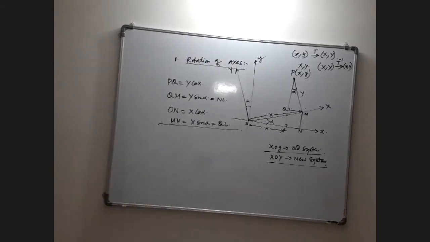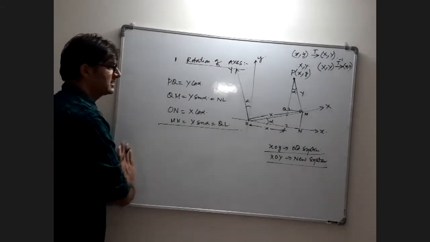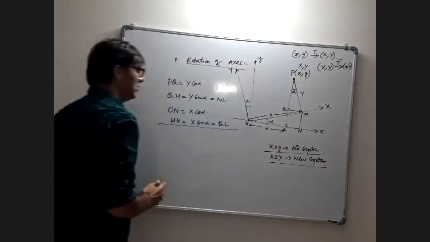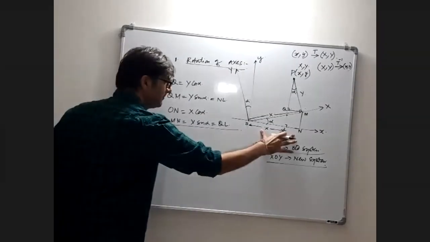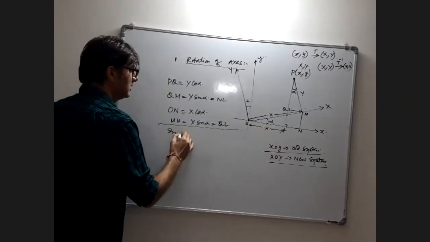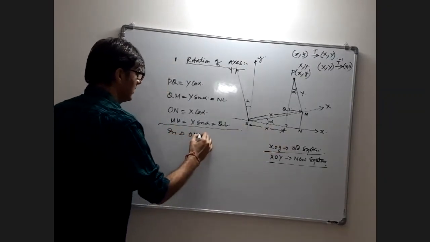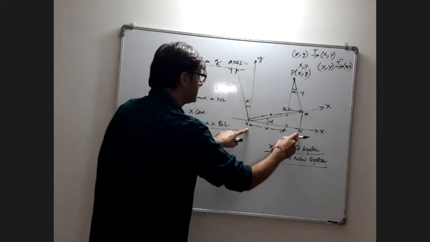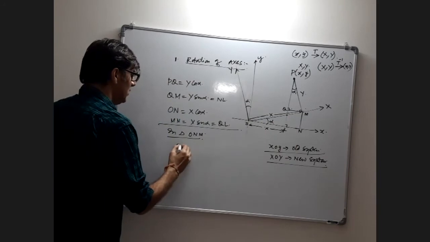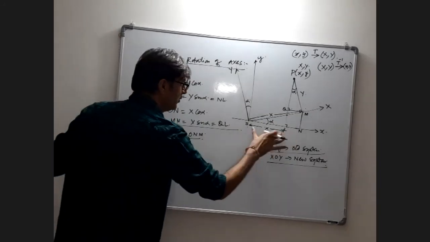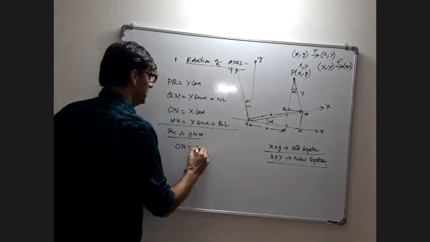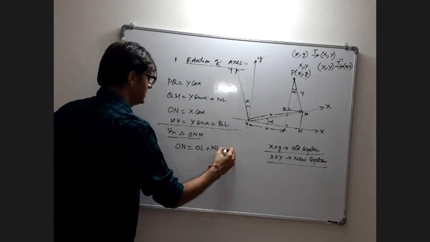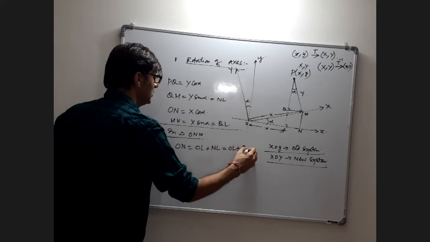Now we will see what relation we can establish between capital X, capital Y and small x, small y. Look at this figure, in triangle ONM. First, what is ON equal to? ON is equal to OL plus NL, but NL is equal to QM. That is OL plus QM.